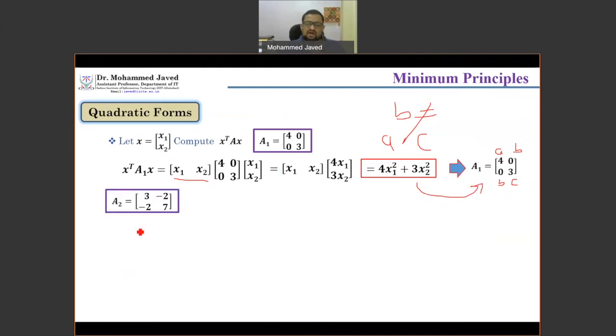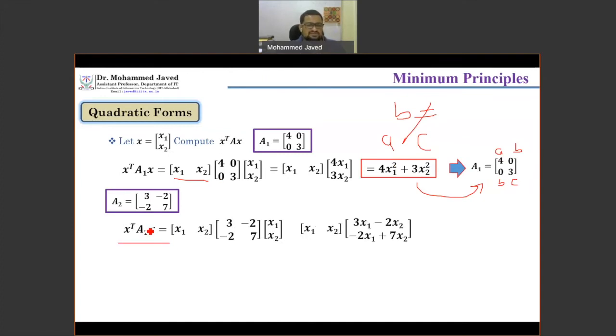Similarly, let us take another matrix and calculate the quadratic equation. I multiply x transpose A into x, I get it like this, and simplifying, you get 3x1 square minus 2x1 x2 minus 2x1 x2, and then 7x2 square.